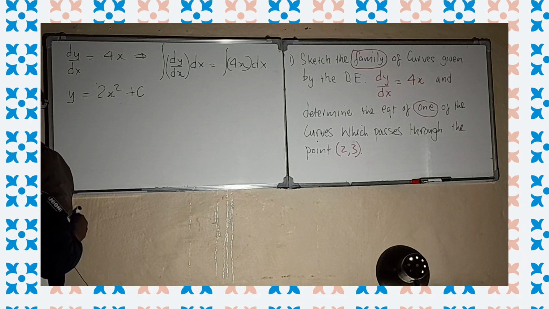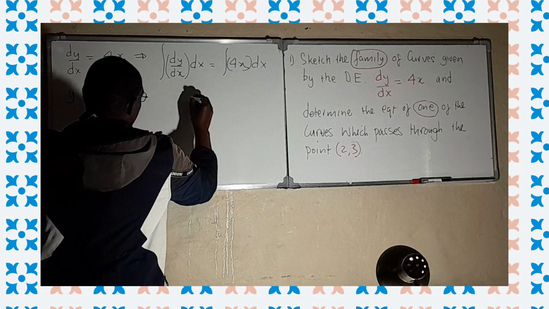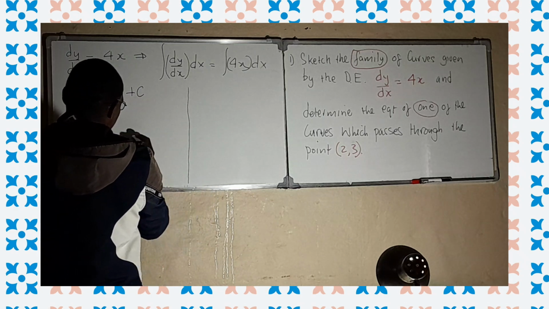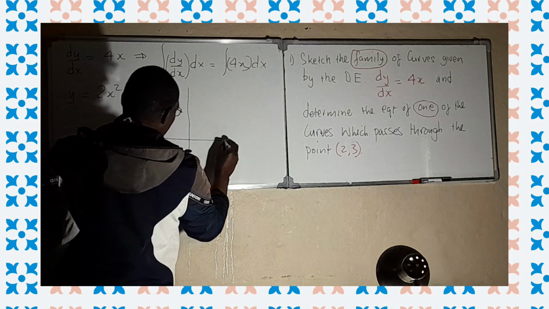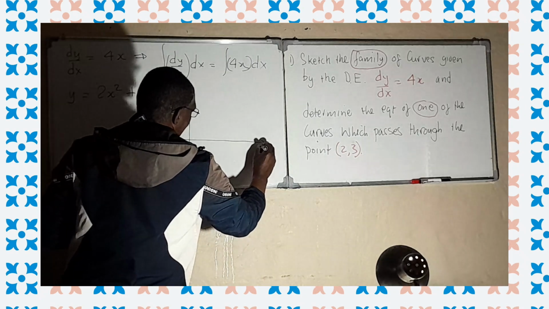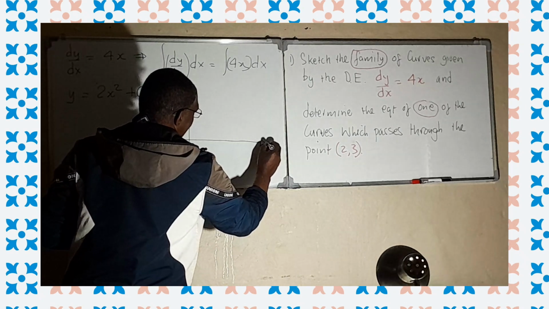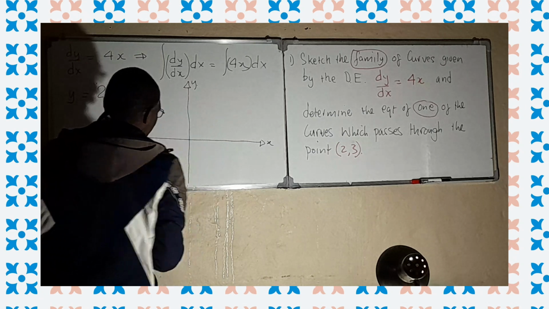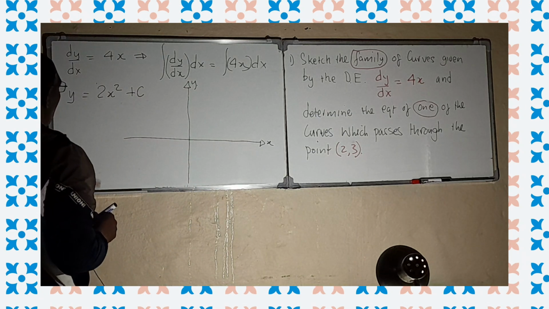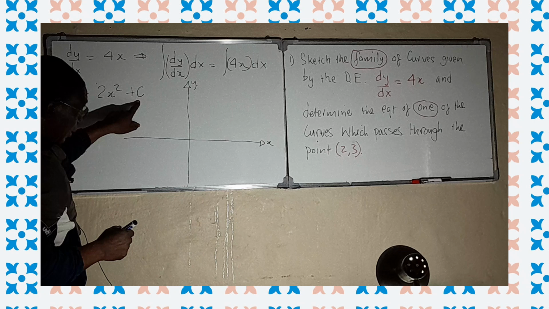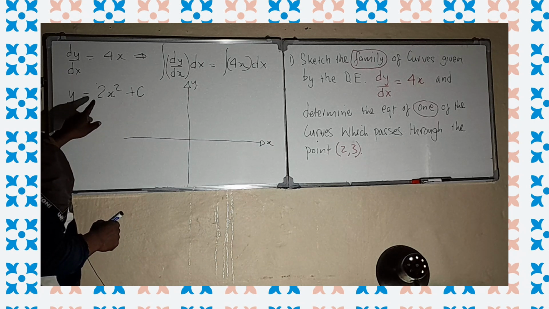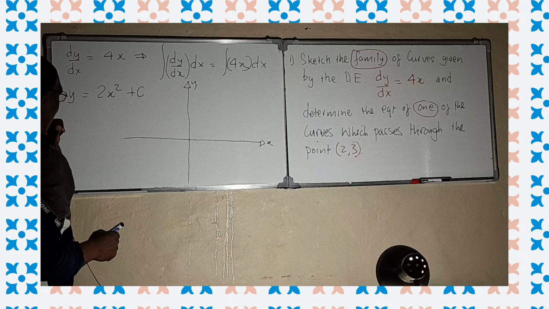Now, if we were to plot this on an xy plane like this, okay, this is our xy plane. This is the y-axis there. When c is 0, we know that this will be the graph of y is equal to 2x squared.